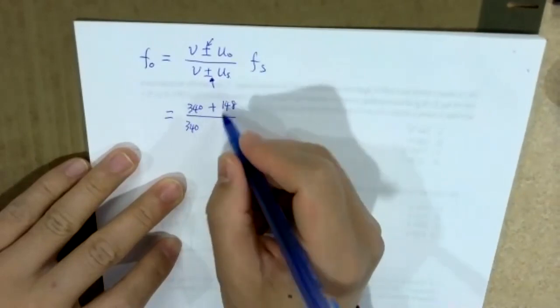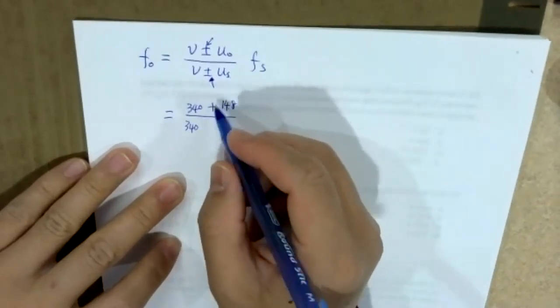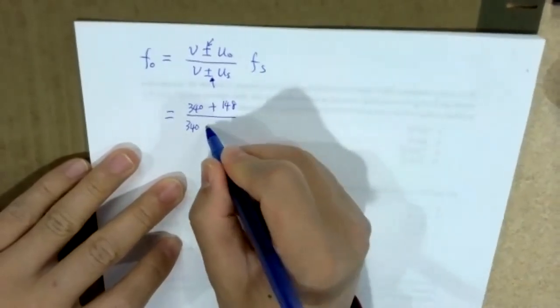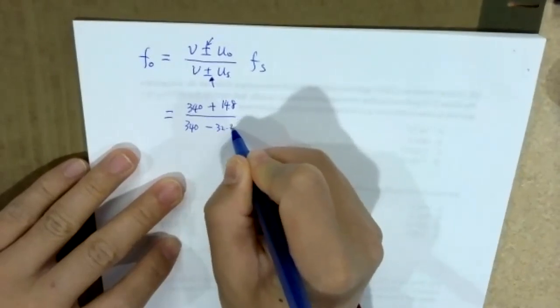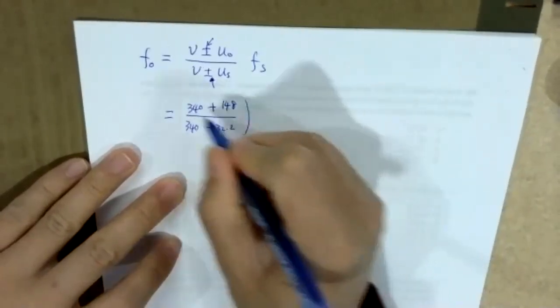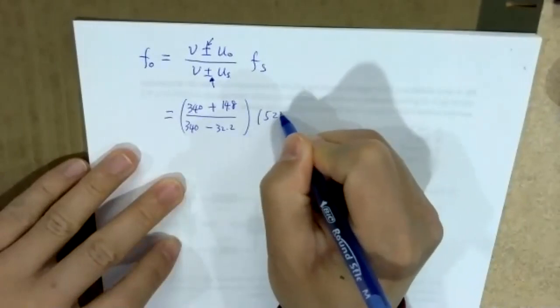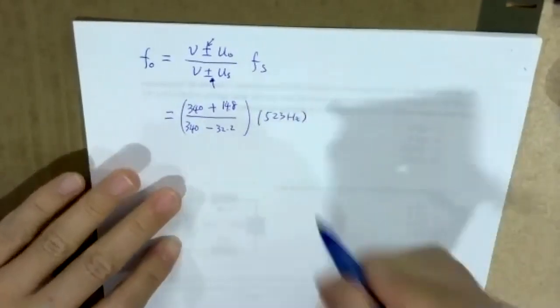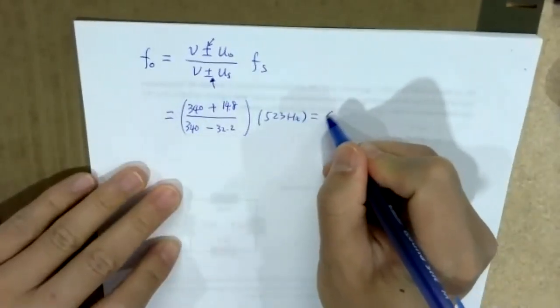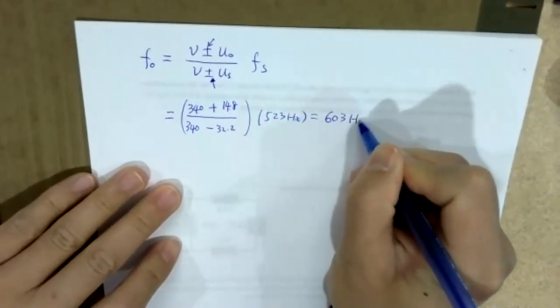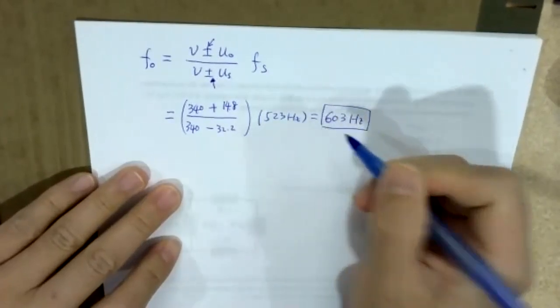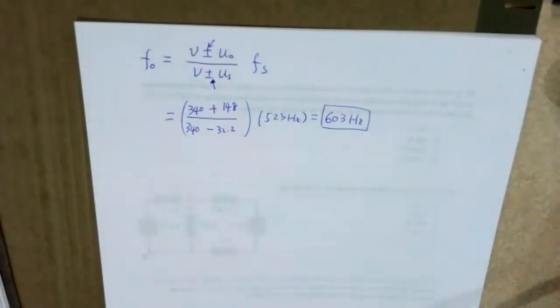Now, your source is moving towards the observer, so you take minus 32.2, and multiply by 523 hertz. So you'll get 603 hertz for the frequency heard by the motorcyclist.